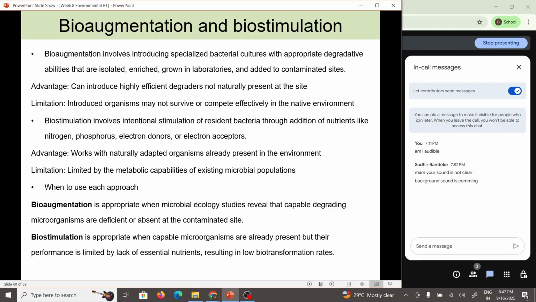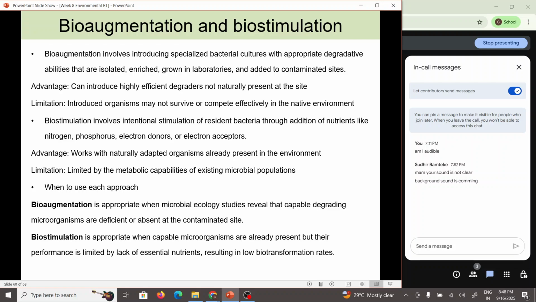So I'm going to the previous site, bringing some more microorganisms, and adding them into this system. Because this is a new system, those organisms may not survive, or because of the presence of other, more competitive microorganisms already present in the system, the new microorganisms may not be able to survive. So this is the limitation that is discussed here: introduced organisms may not survive or compete effectively in the native environment. This is one of the disadvantages.